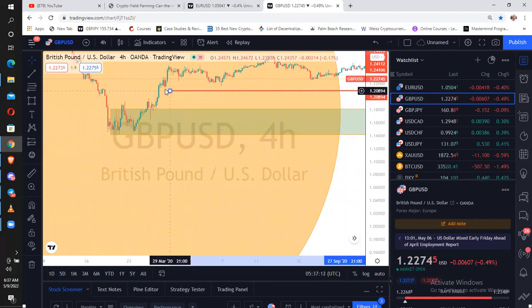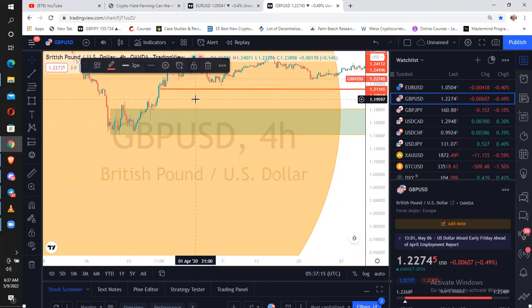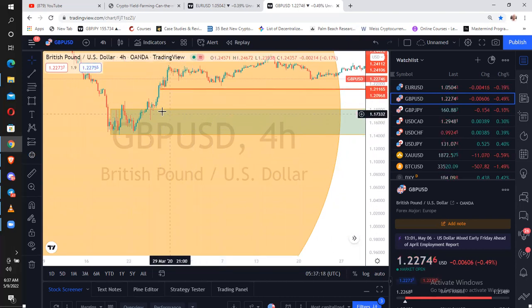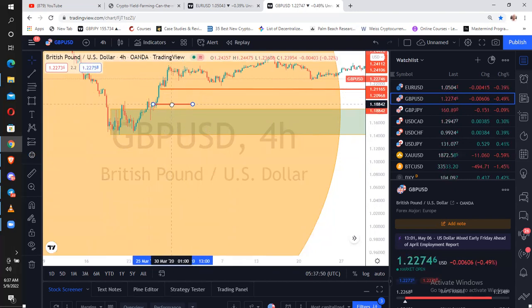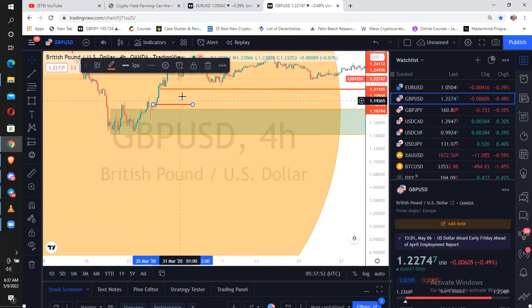I think the picture is becoming clearer now. If you watch, in between these spots, in between here and here, there is an FVG. This is a breaker block. So now, just between here and here, there is an FVG.